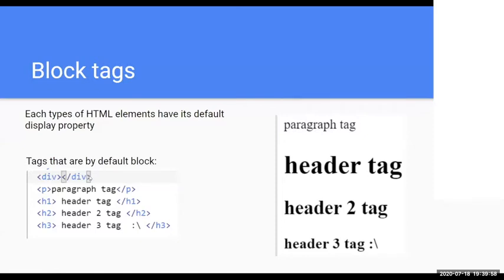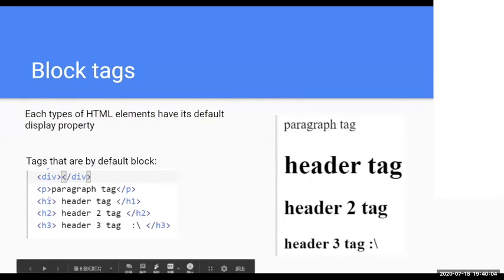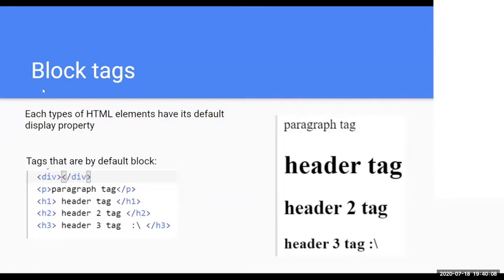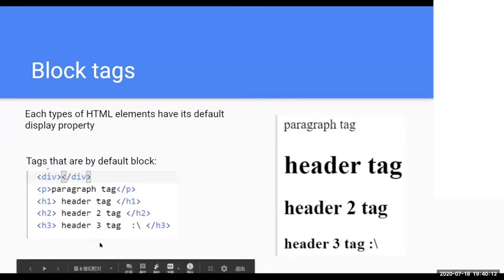Back in the day of ancient computers, we couldn't just write the entire word paragraph as a tag. That would take up too much memory, too much space. So we shortened it and only write P. A P tag makes a paragraph element. So that's the P tag we have here, paragraph tag.